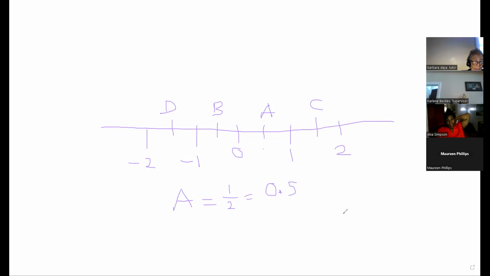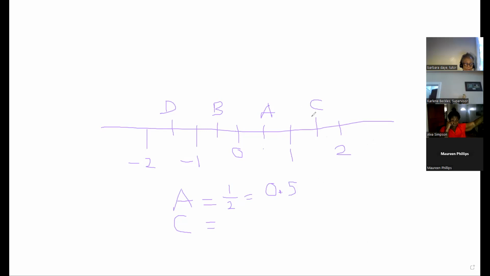Yes. Okay. Now, Alva, what is C? Tell me what C is equal to. Here's C, between 1 and 2. What is the number between 1 and 2? No, between 1 and 2 is greater than 1, less than 2, and midway.